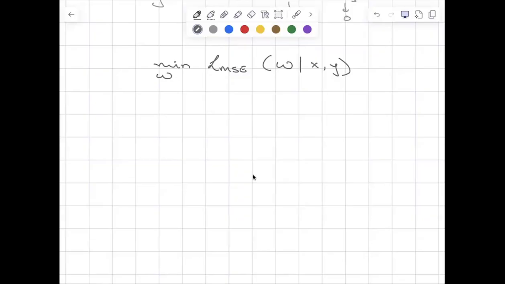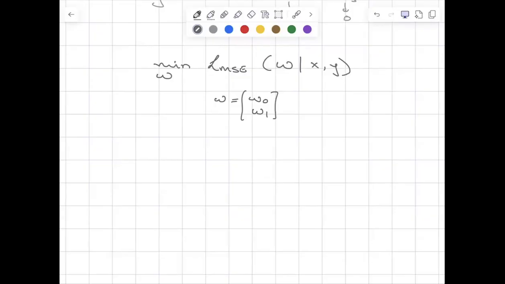In this case, my W is W naught and W1. I'm going to introduce a little bit of technique here. I want to see how my function varies with W naught and W1.